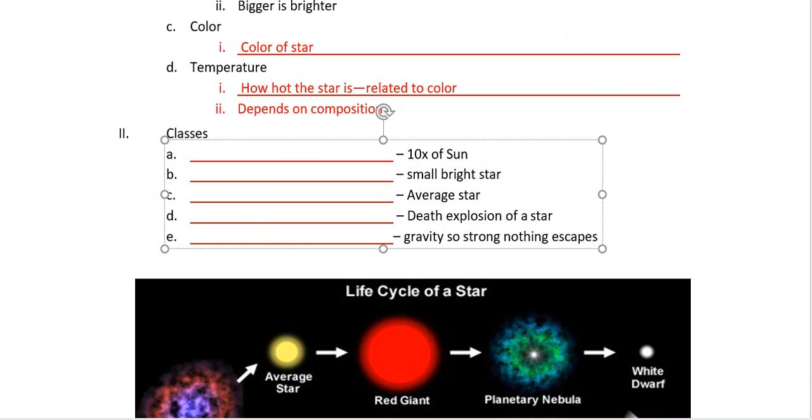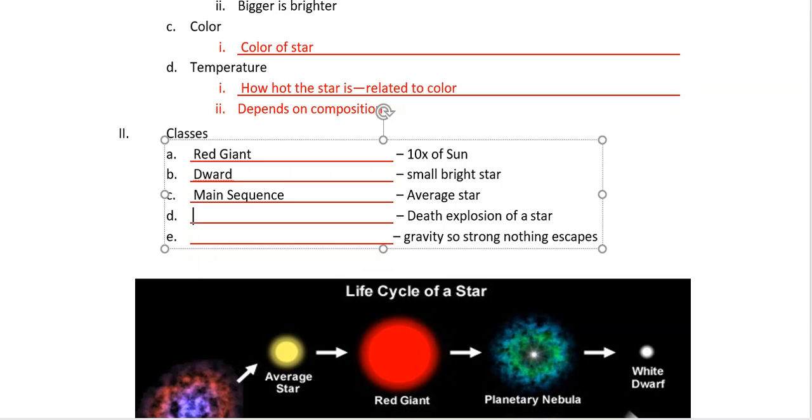So we can fill in some of the information here. Things like 10 times around this, that's likely to be a red giant. Things end up there because they're no longer burning hydrogen. A small bright star, that's just a dwarf. Average stars are on what we call the main sequence. A supernova is just the death or explosion of the star.